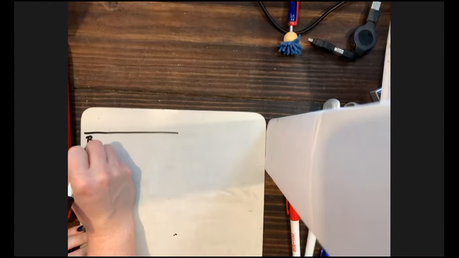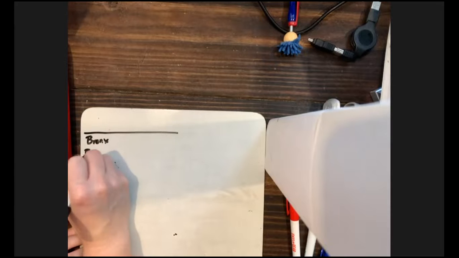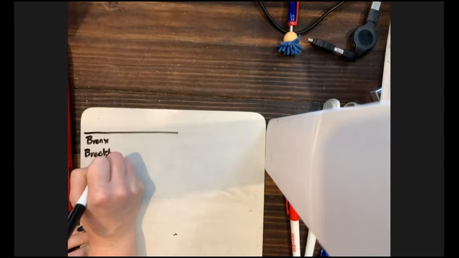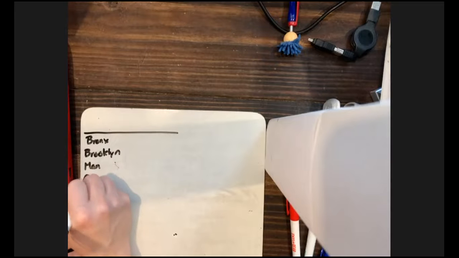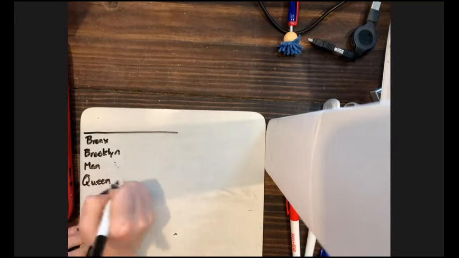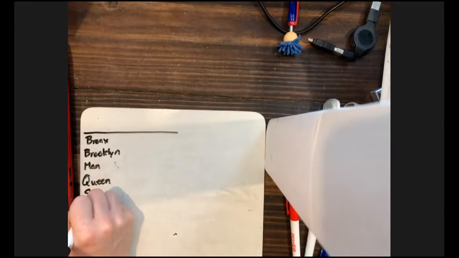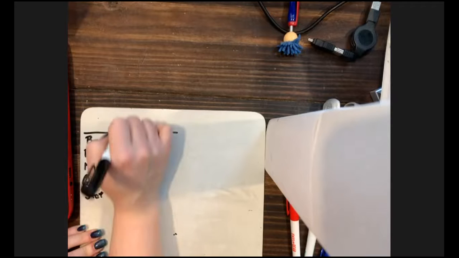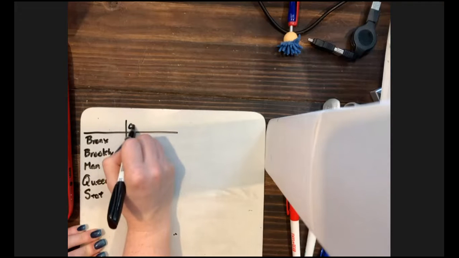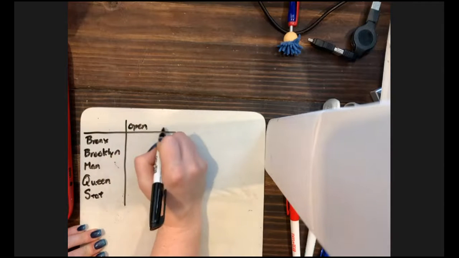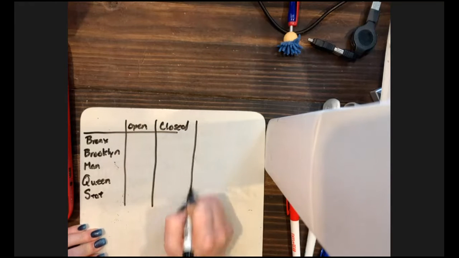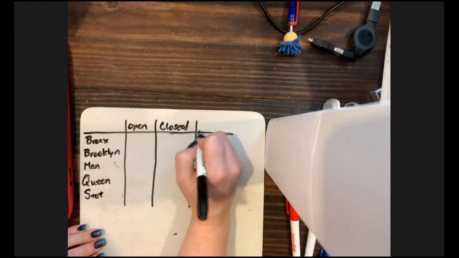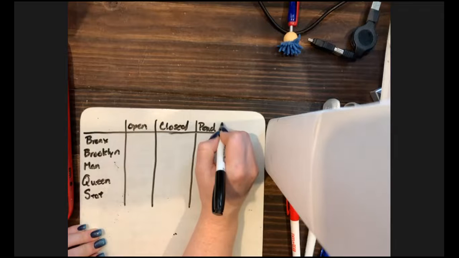So we've got Bronx, Brooklyn, Manhattan, Queens, and Staten Island. We have open reports, closed reports, and I'm going to add some spacing here, and pending reports.